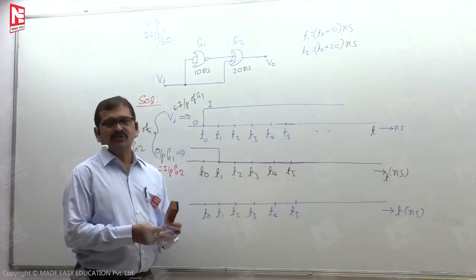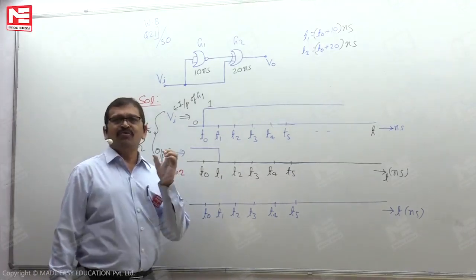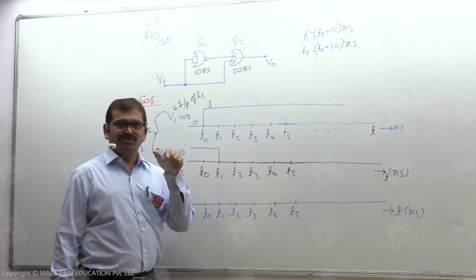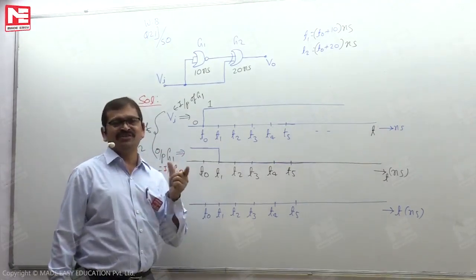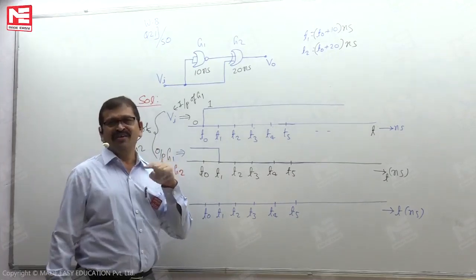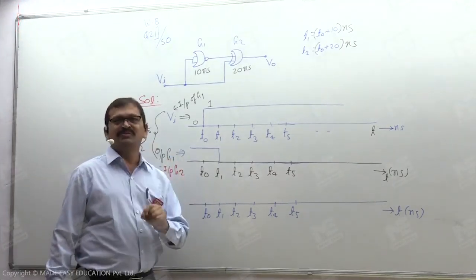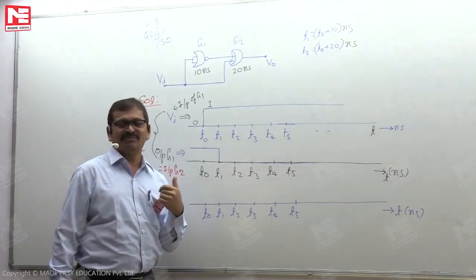From the known exclusive OR truth table, we are trying to draw the waveform. Whenever both the inputs to the XOR gate are the same, the output is 0. Whenever both the inputs of the XOR gate are not the same, the output is 1. It is the XOR truth table.